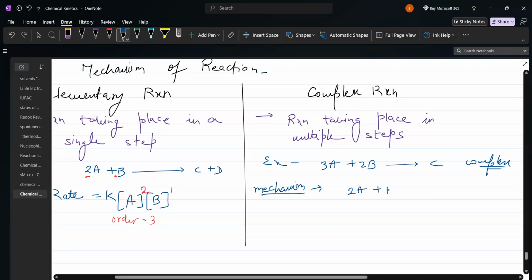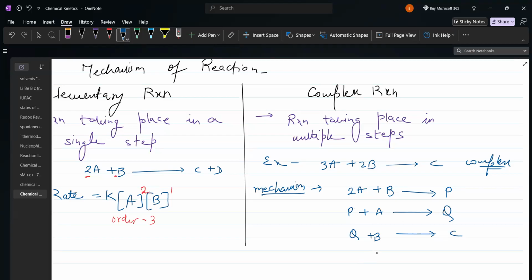Actually, two molecules of A react with B and give some P compound. Then P reacts with one A molecule and gives Q compound. Then Q reacts with B and gives C compound. This is in 3 steps.